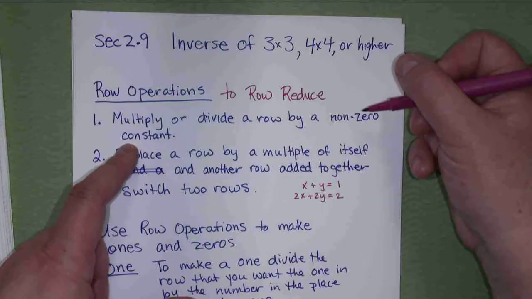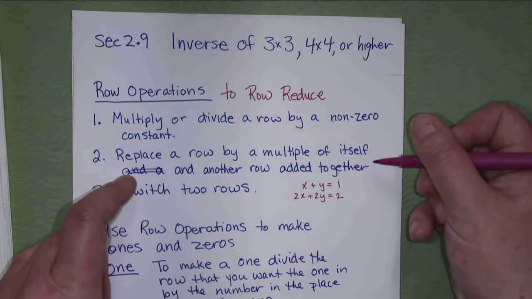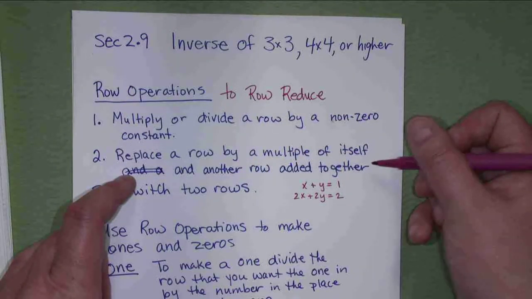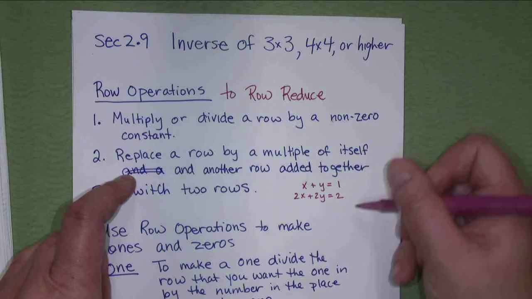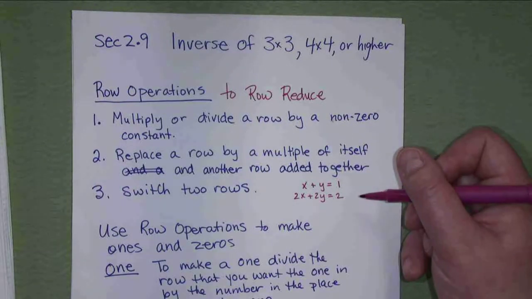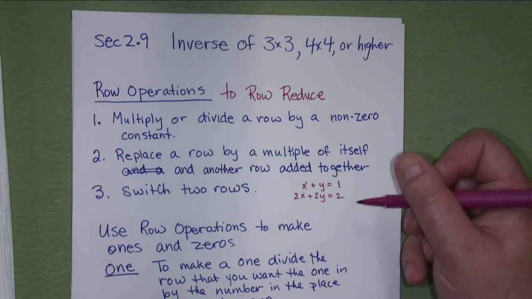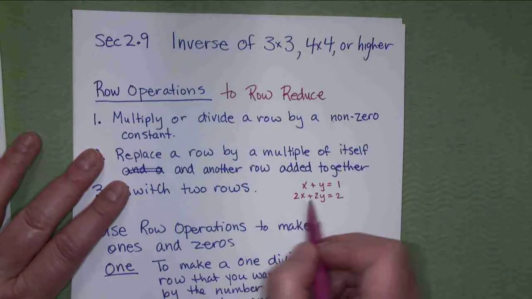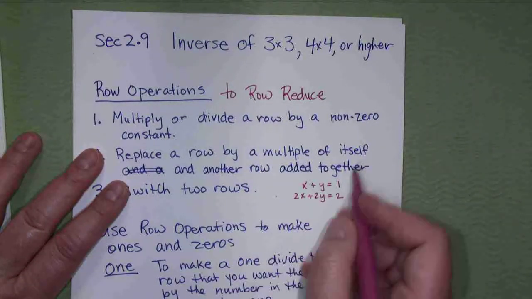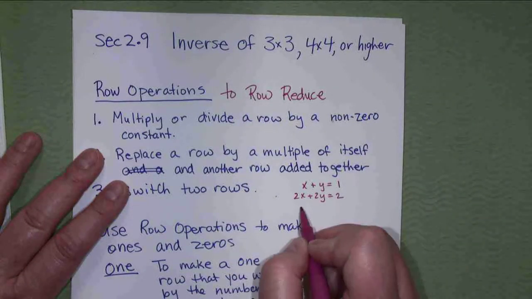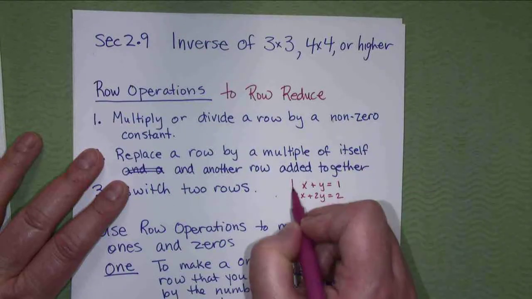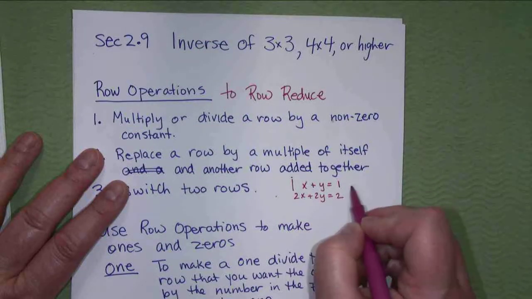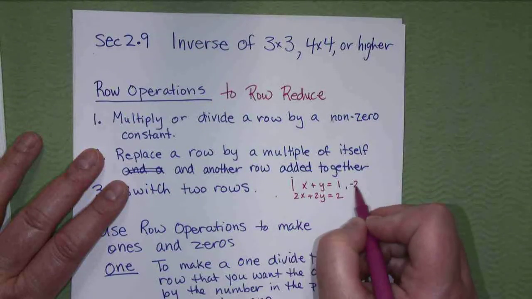This next one says we can replace a row with a multiple of itself and another row added together. When we do elimination, we do this exact step. Say our system was x plus y equals 1 and minus 2x plus 3y equals 6.